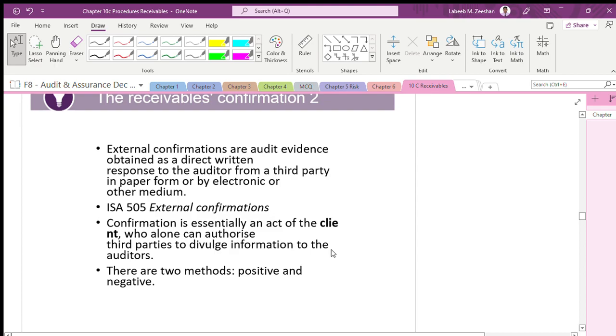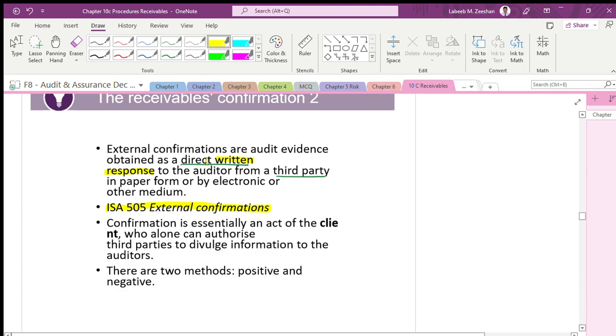External confirmation is audit evidence obtained as a direct written response to the auditor from the third party. At any point of time you will be tested on this in the examination.